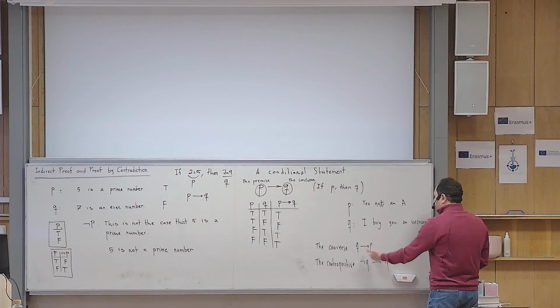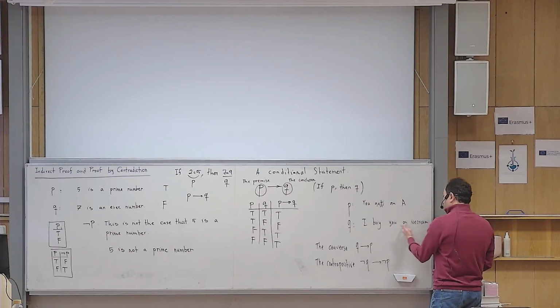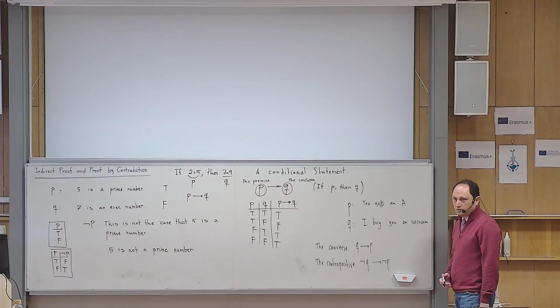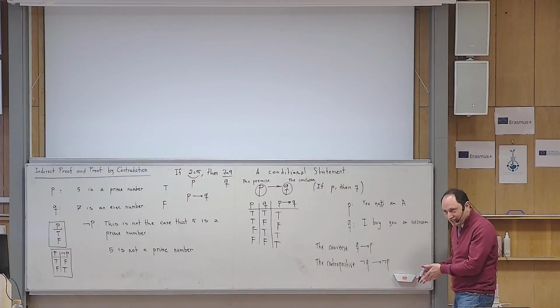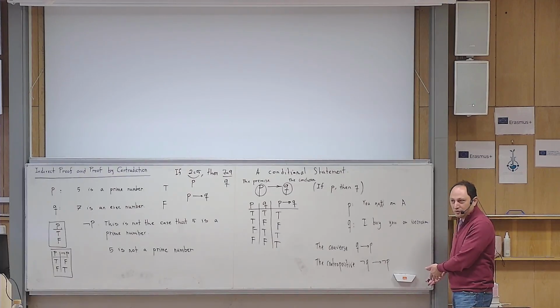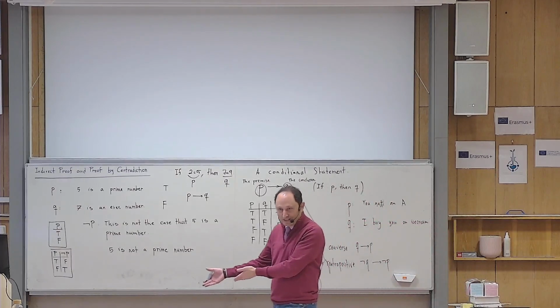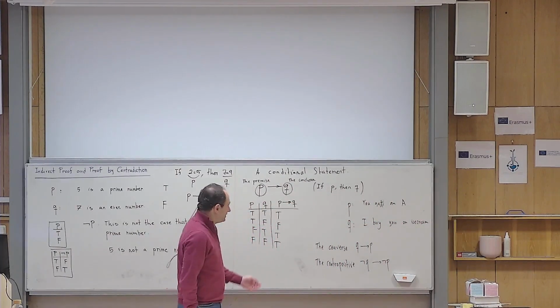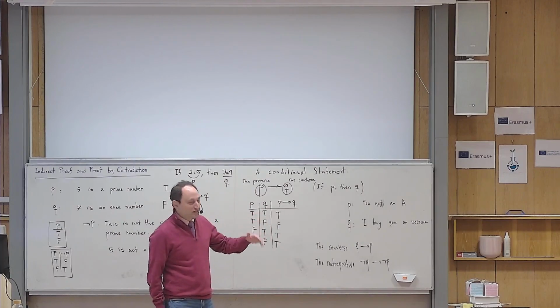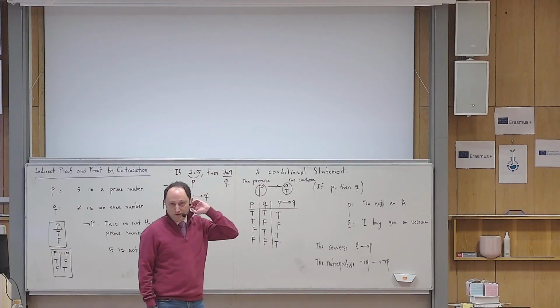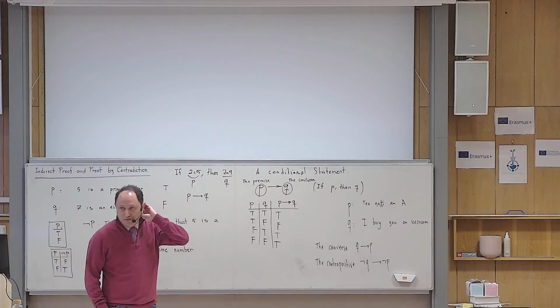So, sorry, if I didn't buy you an ice cream, then you didn't get an A. Why? Because our agreement was that if you get an A, I will buy you an ice cream. When you see that I haven't bought you an ice cream, it means that you didn't get an A. Okay? So this one, I hope that you understand, is the same agreement expressed in a different language.